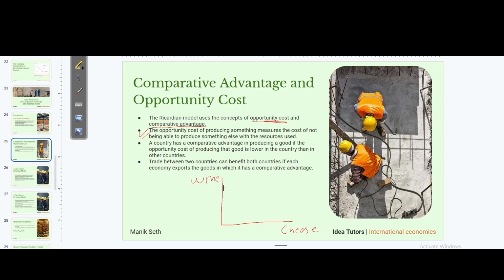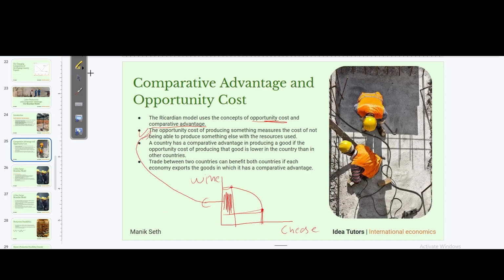The same labor will be used to produce wine and also cheese, but since the resources are limited, if I'm using my labor to produce cheese, the same labor cannot be used to produce wine. So the total labor has to be shared between these two goods. If I have to increase the production of cheese, I have to reduce the production of wine. The wine that I'm giving up to produce more cheese is the opportunity cost of producing cheese.